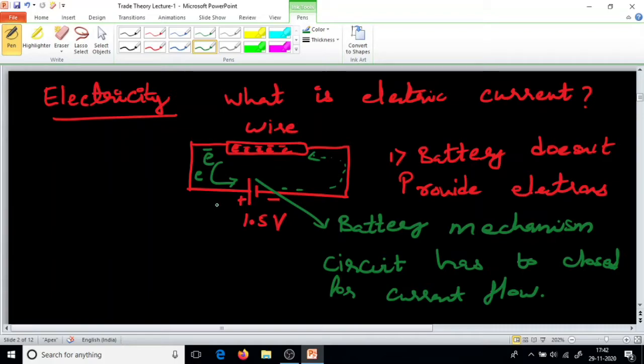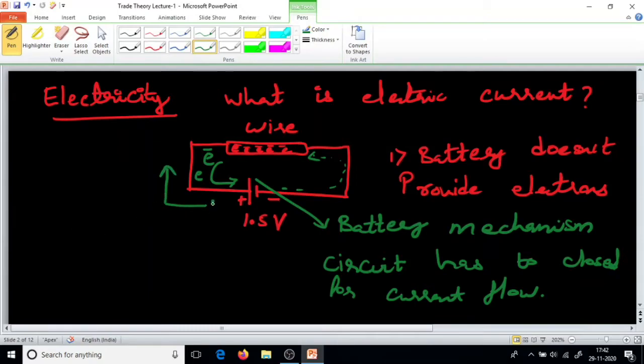Now, as this is the initial lecture and the first time you are learning, you just understand that when you connect a battery, the electrons move. The electrons move from the negative terminal to the positive terminal of the battery. The conventional current flow is opposite to that.